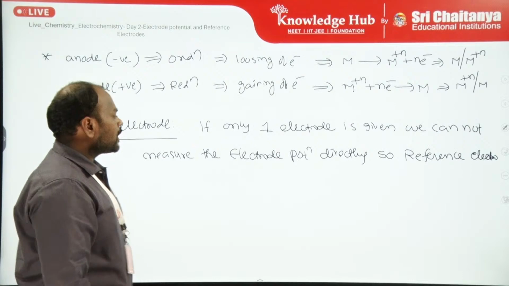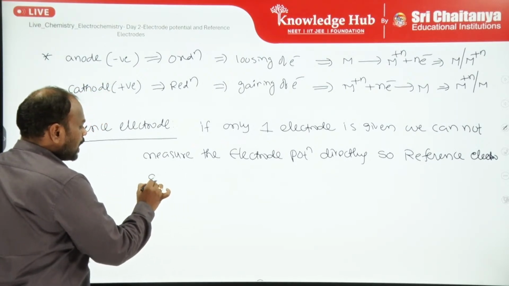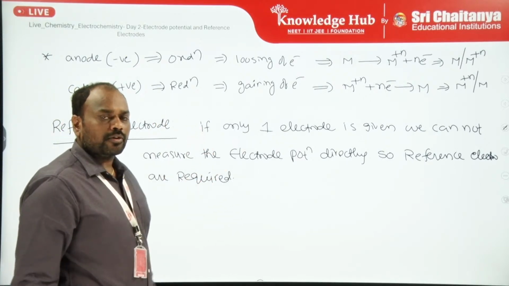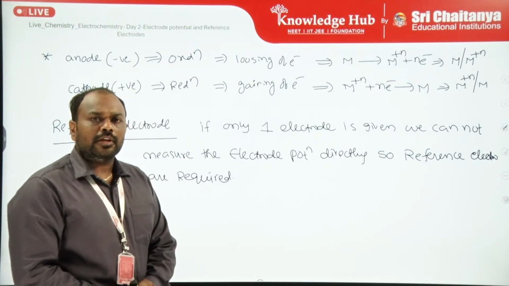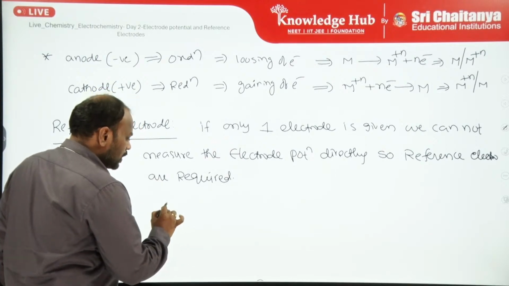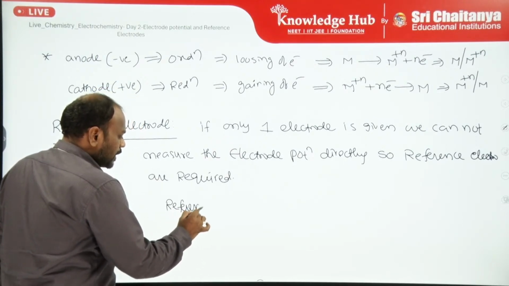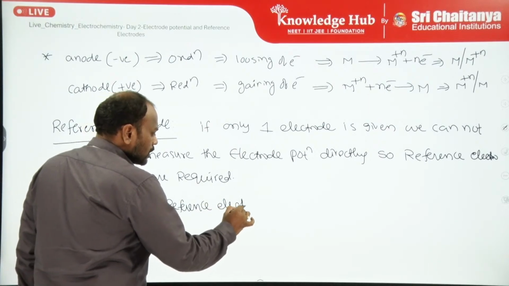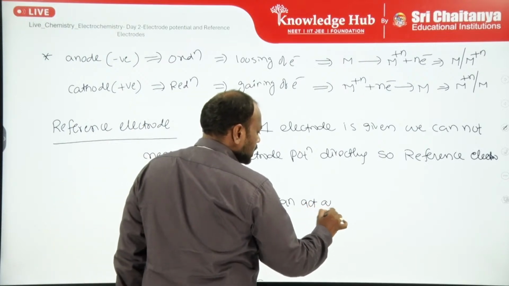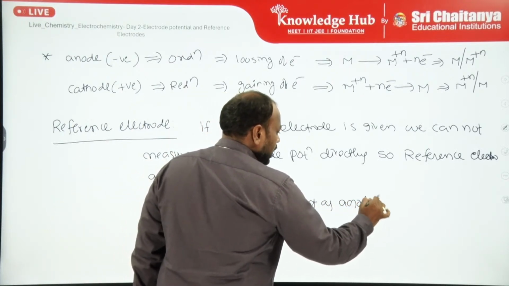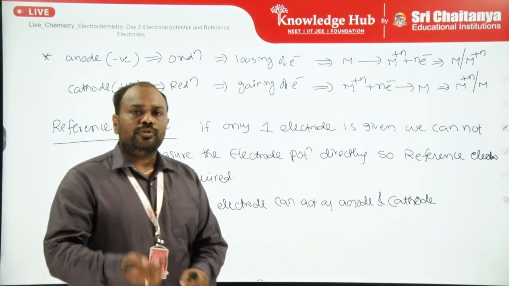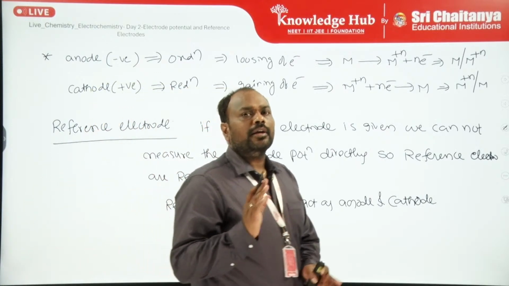Okay, so reference electrodes are required. So what's the use of the reference electrode? Reference electrode can act as both cathode and anode. It can act as anode, simultaneously cathode. It shows both behaviors. So it can undergo oxidation, simultaneously it undergoes reduction also.